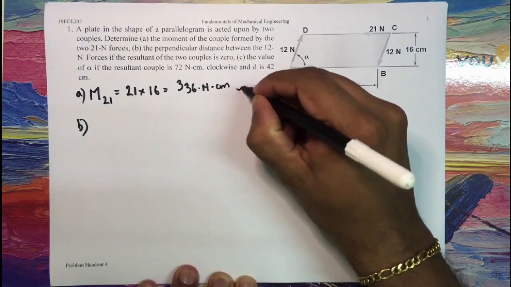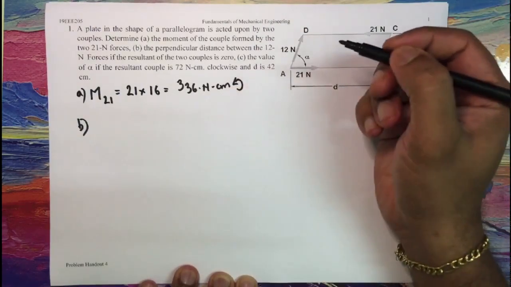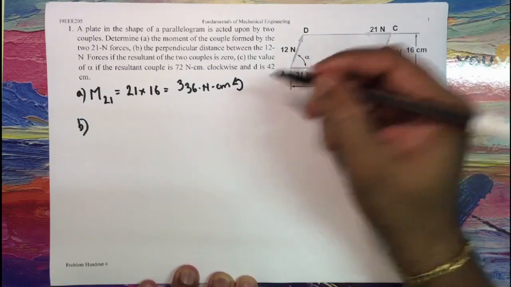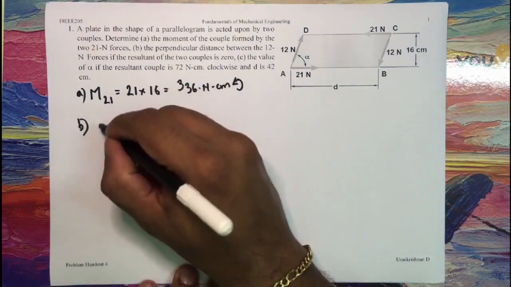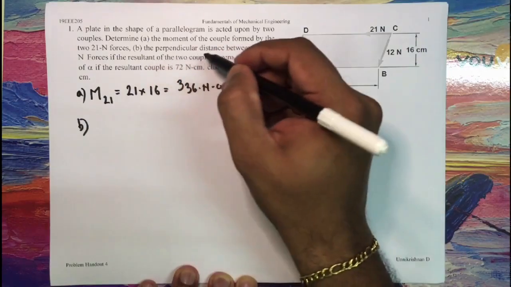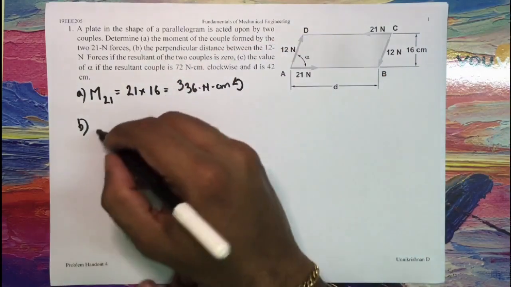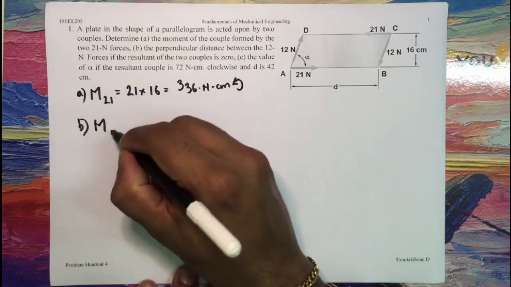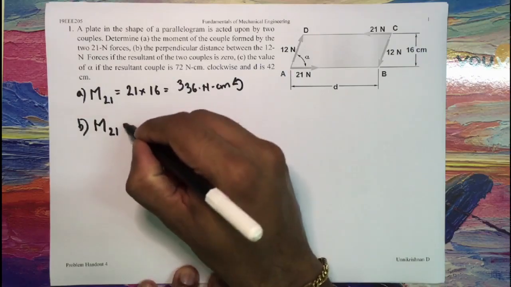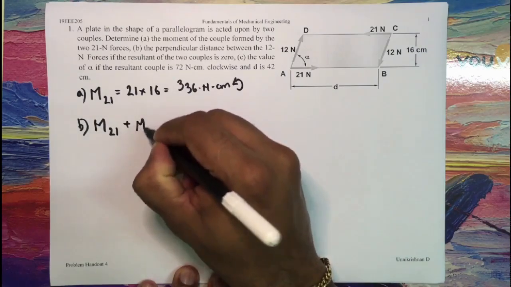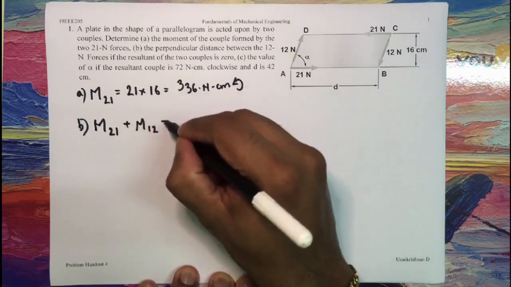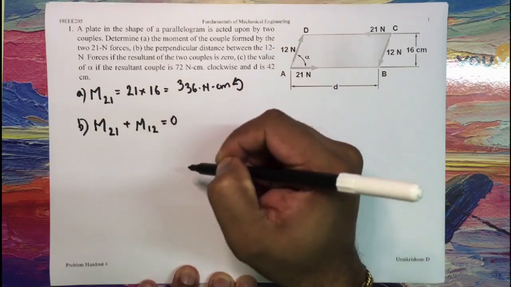So I have to mention it in my previous answer, counterclockwise. Now let us find if the moment is supposed to be 0. That means moment produced by the couple of 21 Newton force plus moment produced by the couple of 12 Newton force should be equal to 0.